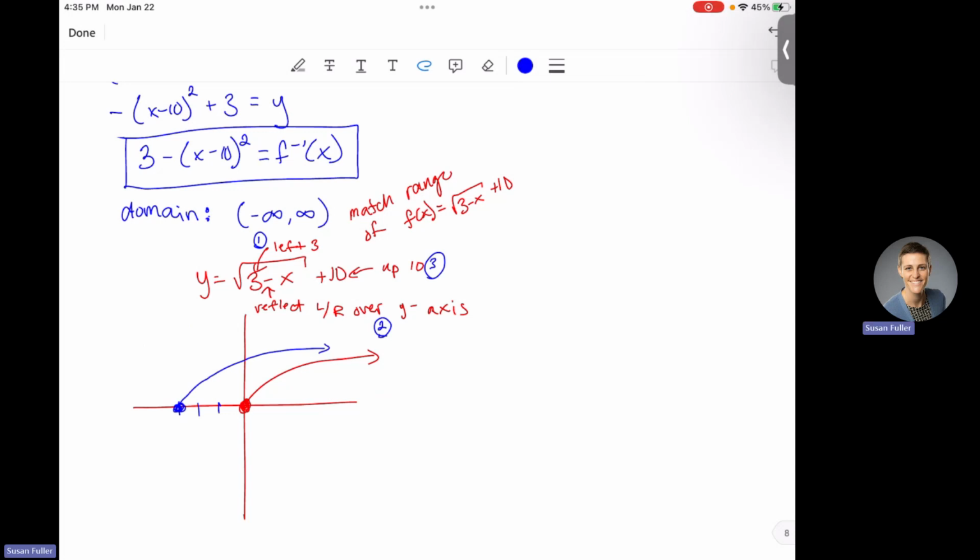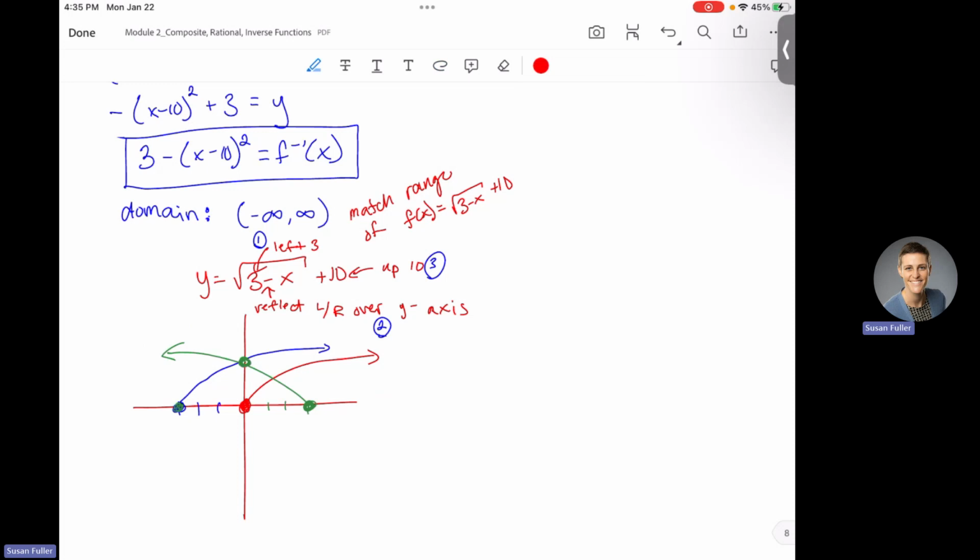And then the second thing I'm going to do is reflect this left and right over the y-axis. This point goes from 3 to the left, and it reflects over here to 3 to the right. And then this point is going to stay the same and everything just reverses here. So that's what we look like when we reflect.